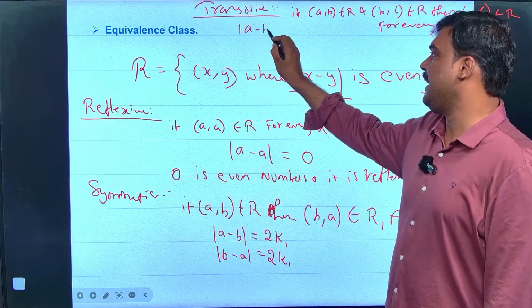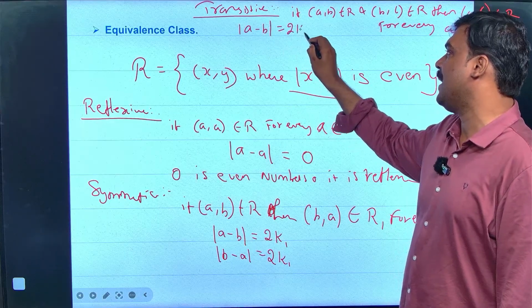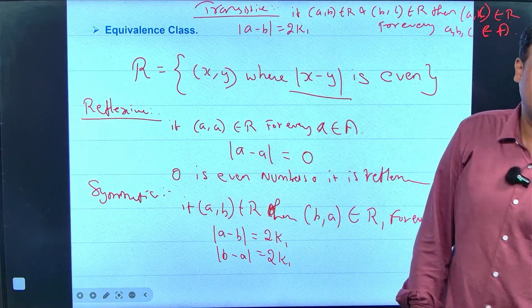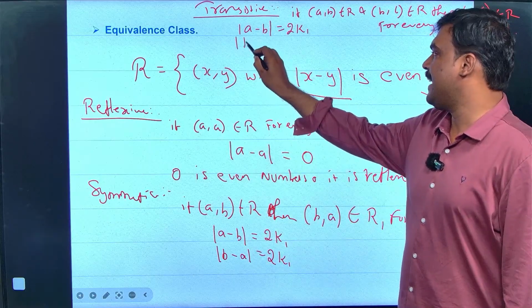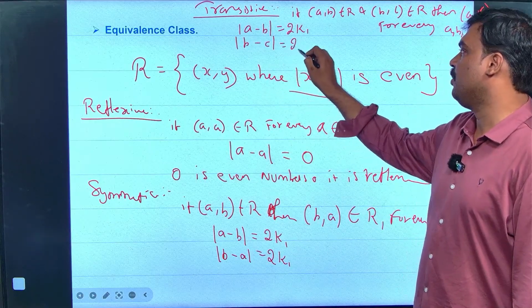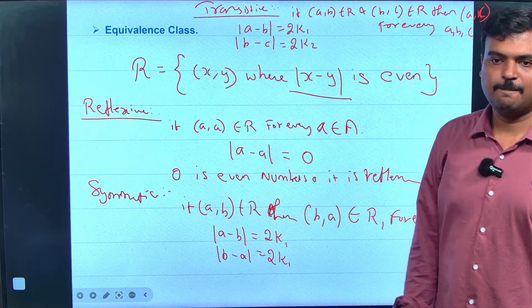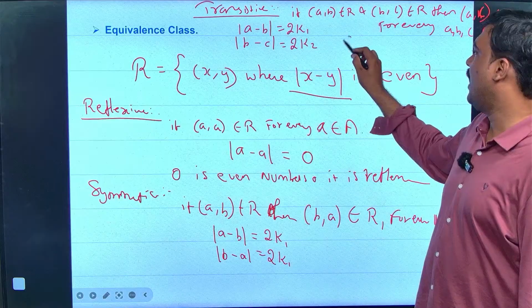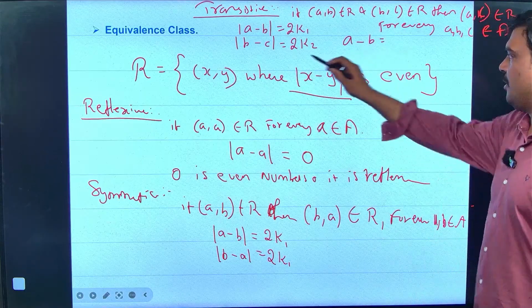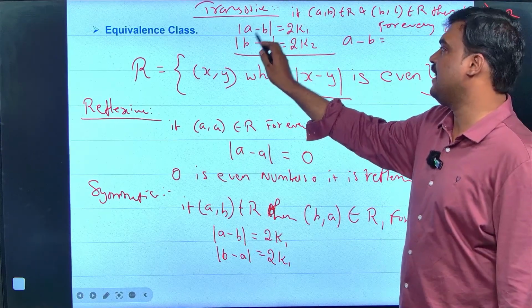Then we write all the things we have written. A minus B is equal to 2K1, which means it is an even number. So B minus C will be equal to 2K2. Now what happens to A minus B plus B minus C? If I add this, the minus B and plus B get cancelled.